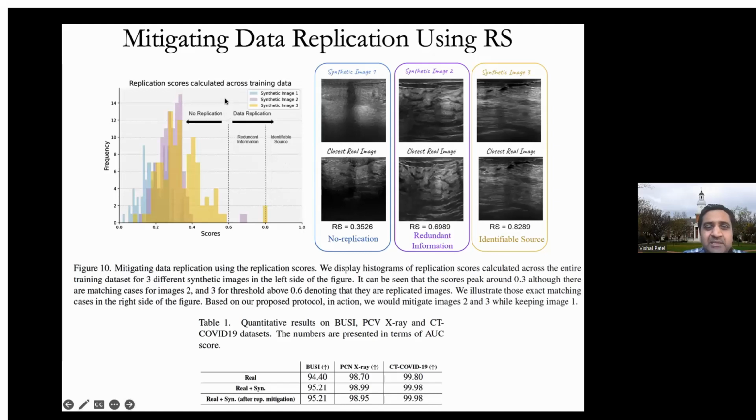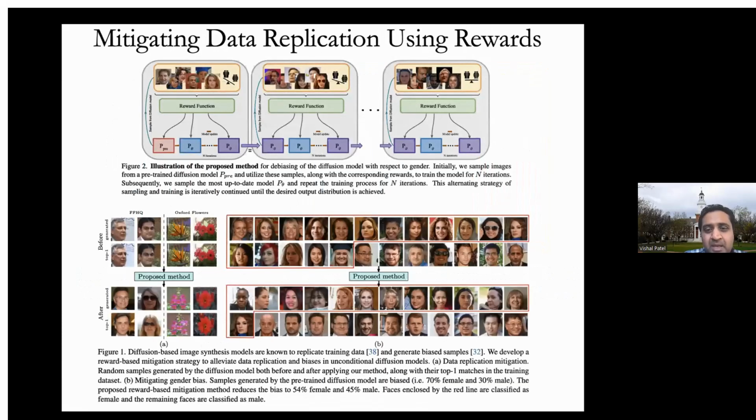So the idea is to come up with a threshold and not include images beyond a certain threshold in your training set. That way you can not only mitigate the data replication, but also deal with the privacy issues in medical imaging. And this is just one way, the very easiest and simplest way you can deal with this problem.